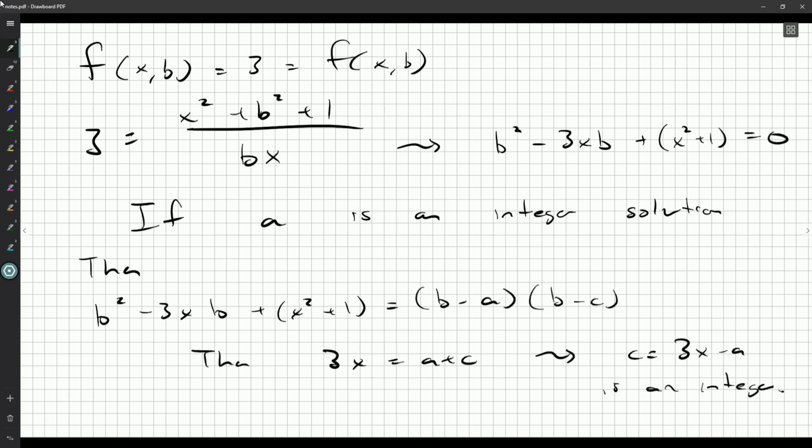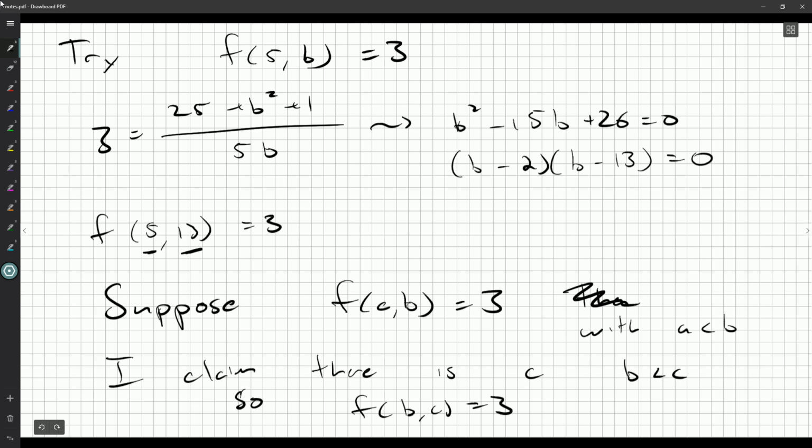Is that an integer? No, I guess what I need is to put a here and a here. Or, hold on, what are we doing here? It's the 5 that gave me the minus 15. So that's my known solution.